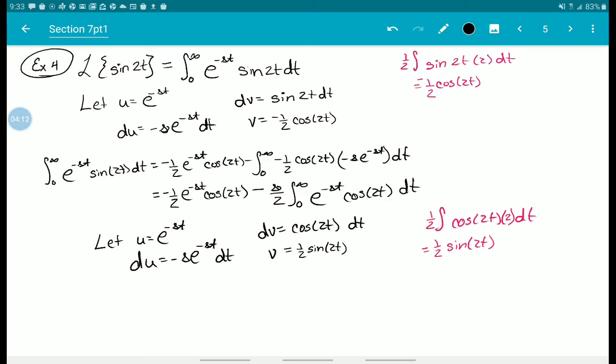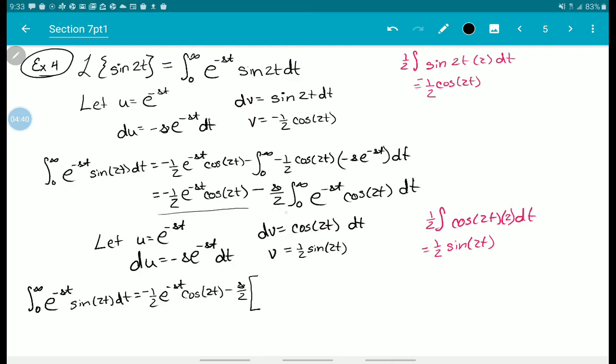So then here's what we have. And I'm writing this complete sentence so you can see what's going on. We started with integrating 0 to infinity e to the negative st sine of 2t dt. And when we did that, we ended up with that negative 1/2 e to the negative st cosine of 2t minus s over 2.